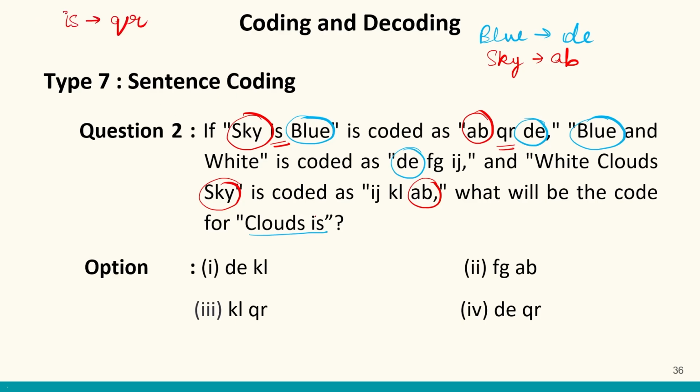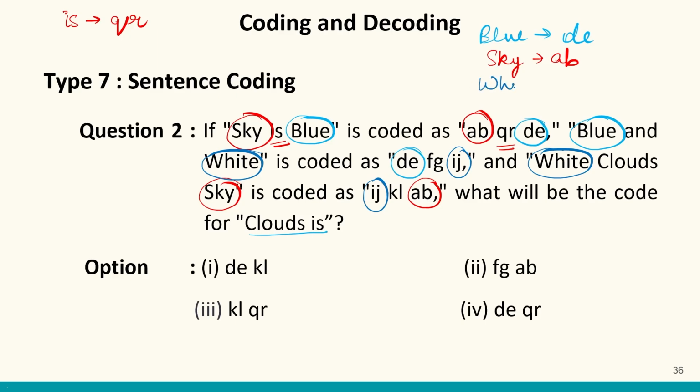Now for clouds, I can here see we have blue and white. This is the sentence. And over here we have white clouds sky. So the only common word I can see in these two sentences is white. The code is DEFGIJ and the code is IJKLAB. So IJ is the only common code.